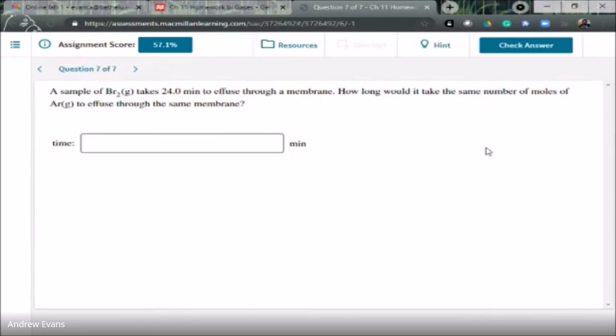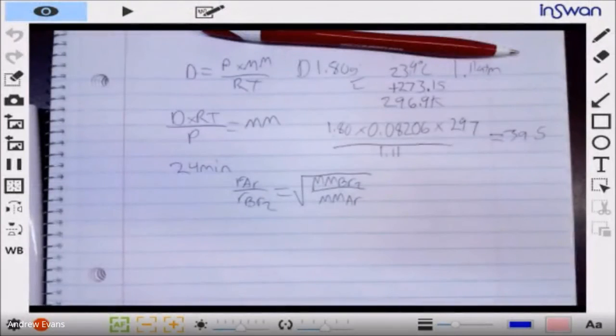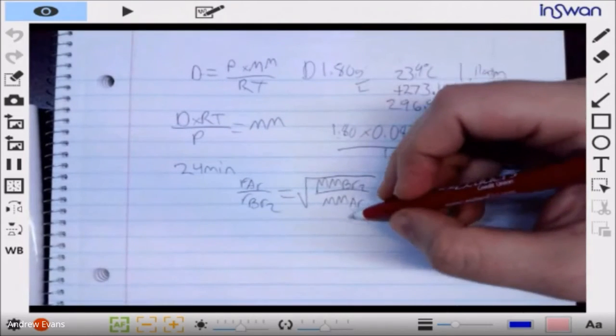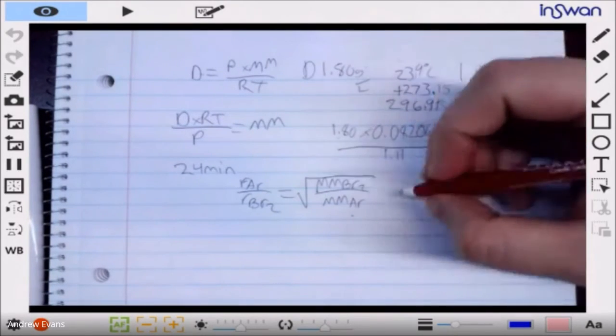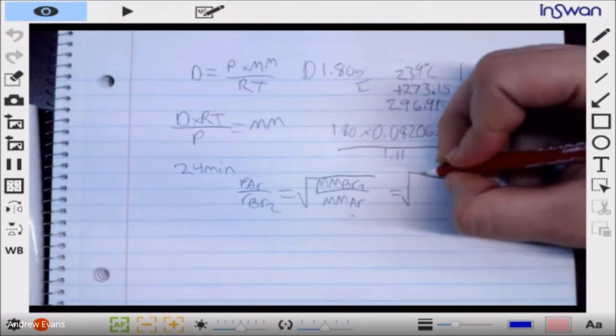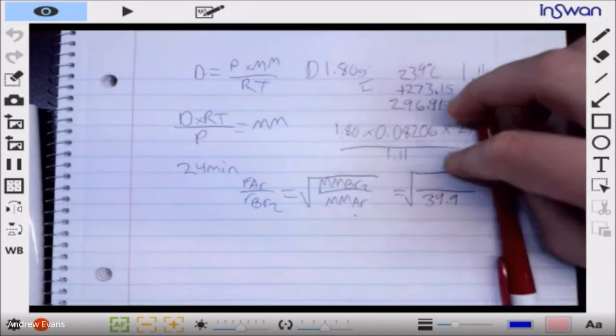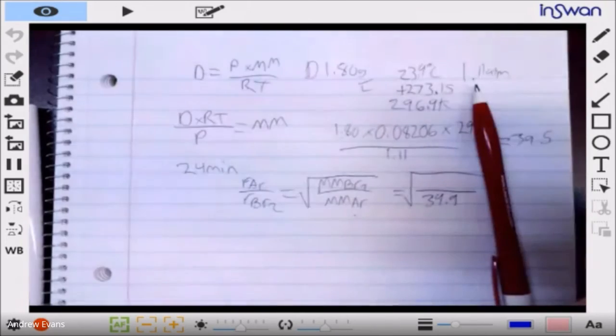So this one is one step harder than normal, a little bit, because it gives you a time. So molar mass of bromine versus molar mass of argon. We looked up argon previously. The molar mass of argon was 39.9. Only question here is, what is the molar mass of bromine?